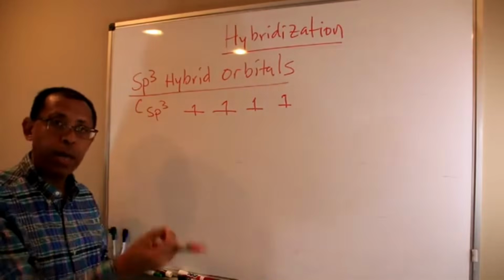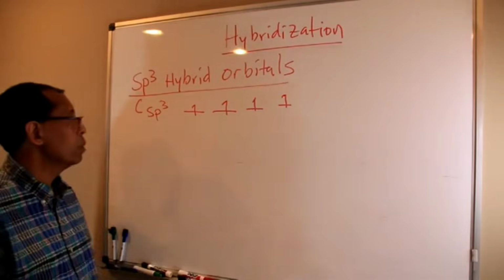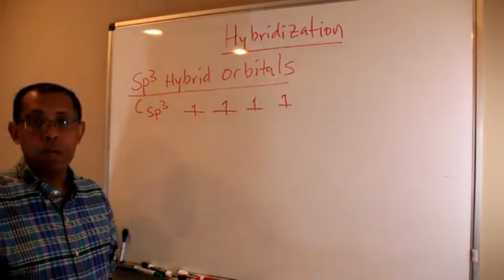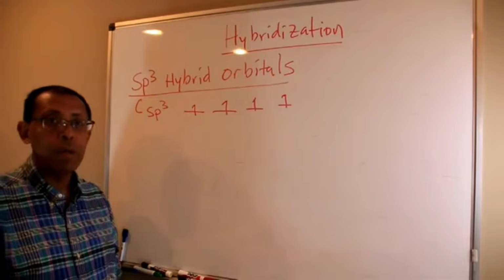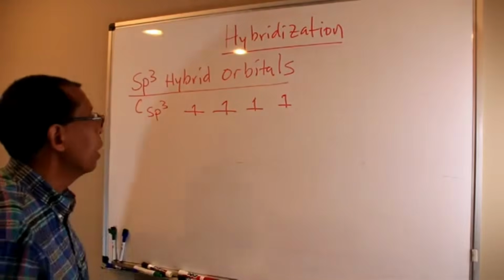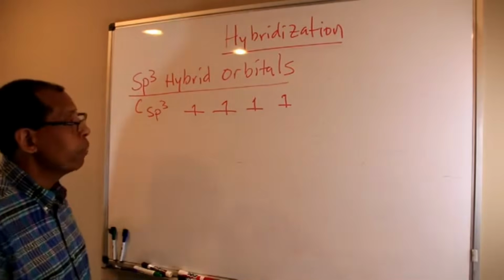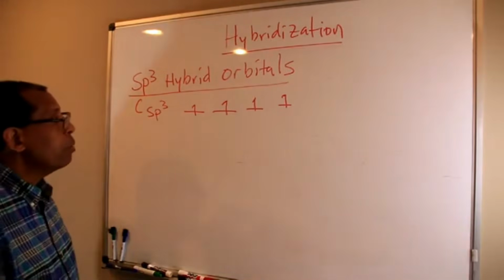They are made of 1 s and 3 of the p orbitals in carbon to generate degenerate orbitals or equivalent orbitals that contain 4 electrons. So how do they look?